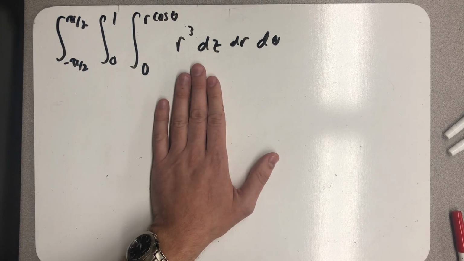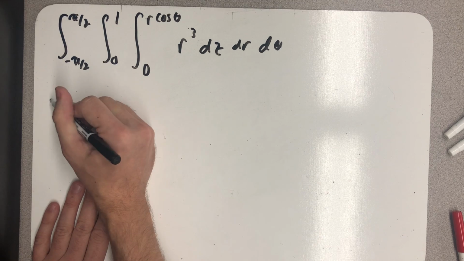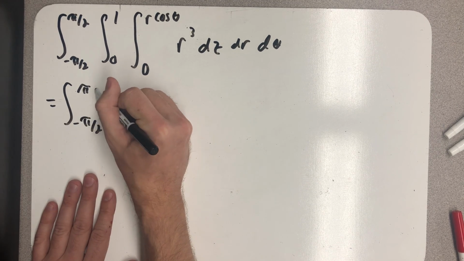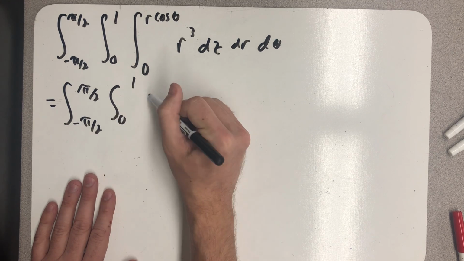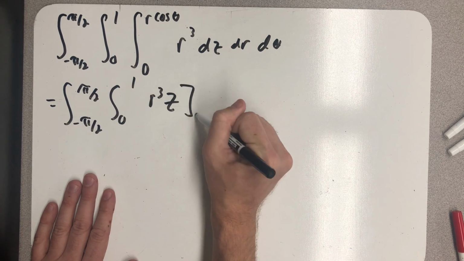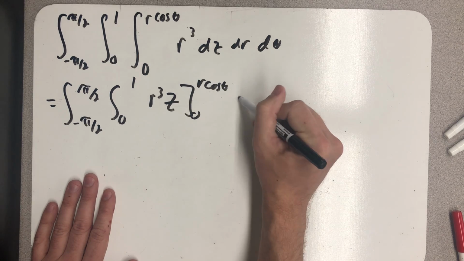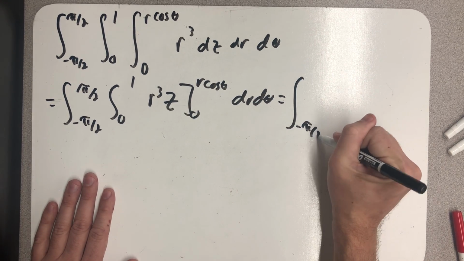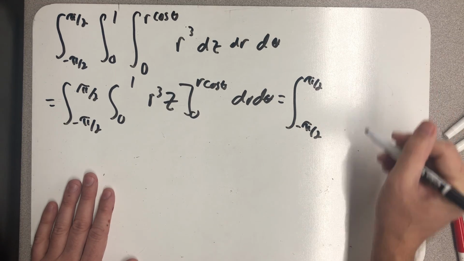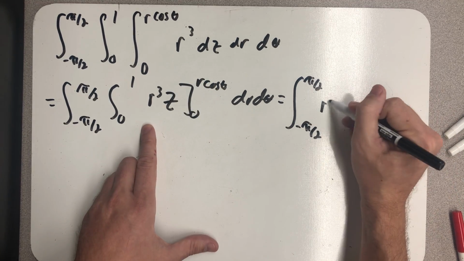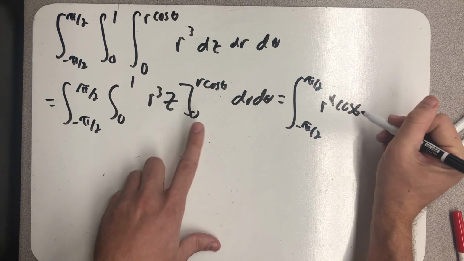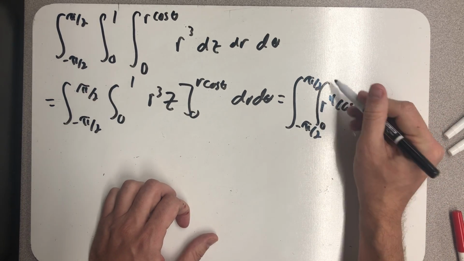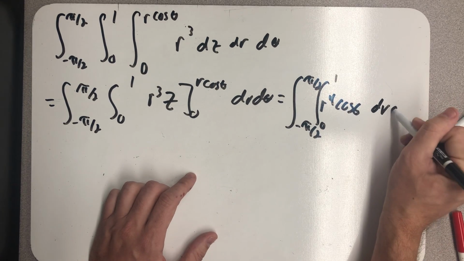The antiderivative with respect to z is z. So I have r cubed z evaluated from 0 to r cosine theta, dr d theta. Now I evaluate and I get r to the fourth cosine theta. I plug in 0, I get out 0. Oops, I forgot the integral from 0 to 1 there, dr d theta.